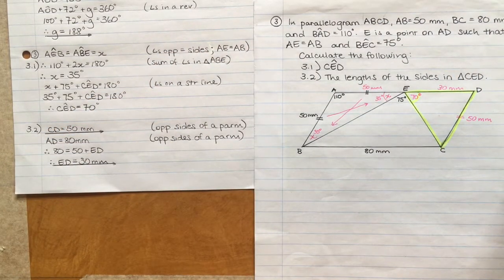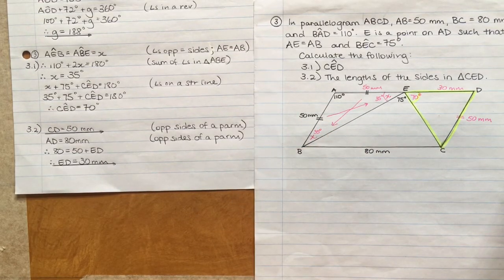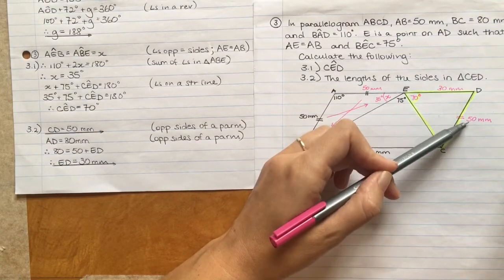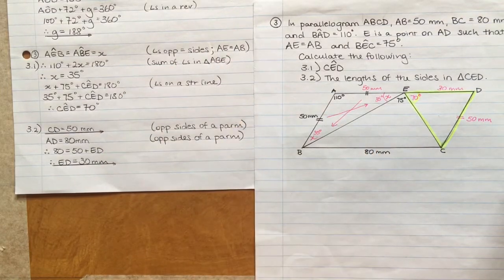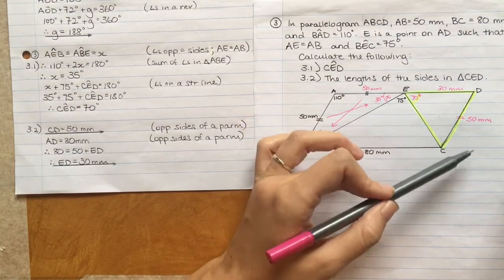Okay. But now this missing side CE is not immediately obvious how to do. Well, I can see that it's not an equilateral triangle because this one's 30 and this one's 50, so that eliminates that straight away. If it were a 90-degree triangle, I could use Pythagoras to figure out the missing length because I have two side lengths.